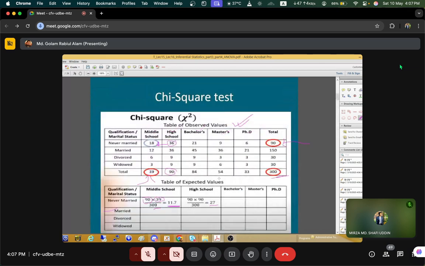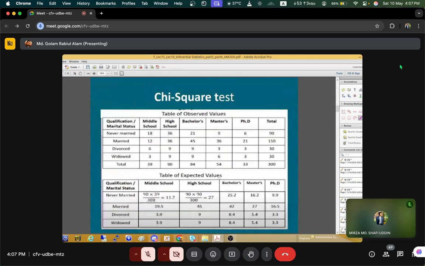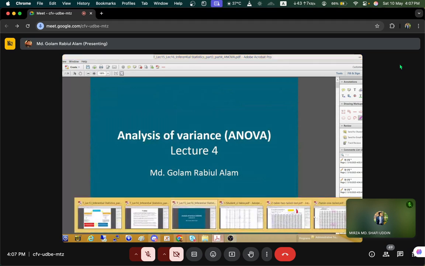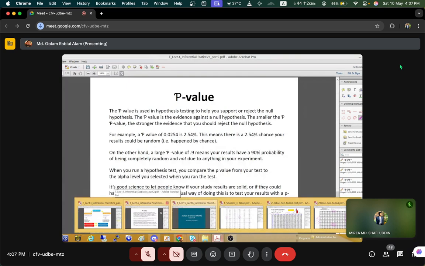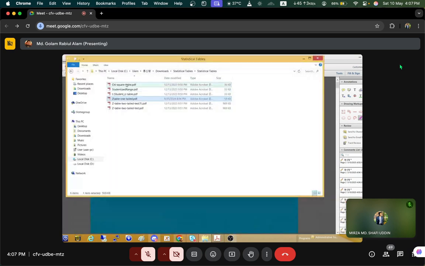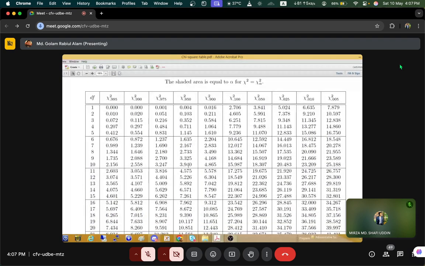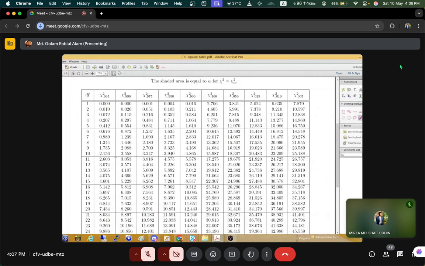From the chi-square table, we have degree of freedom 12, and the alpha we assume 0.05.